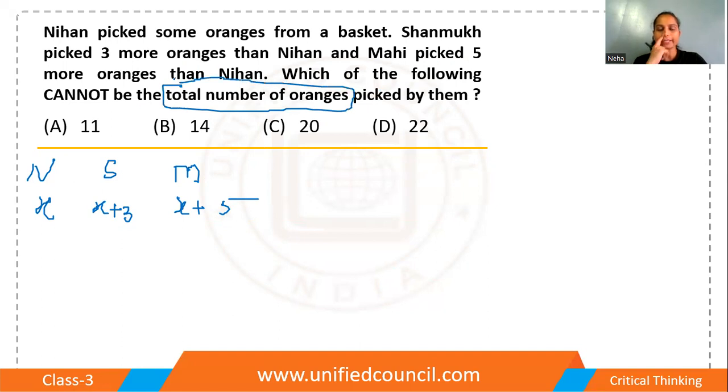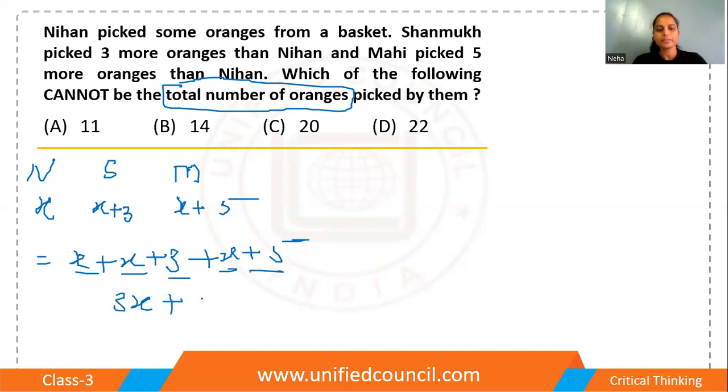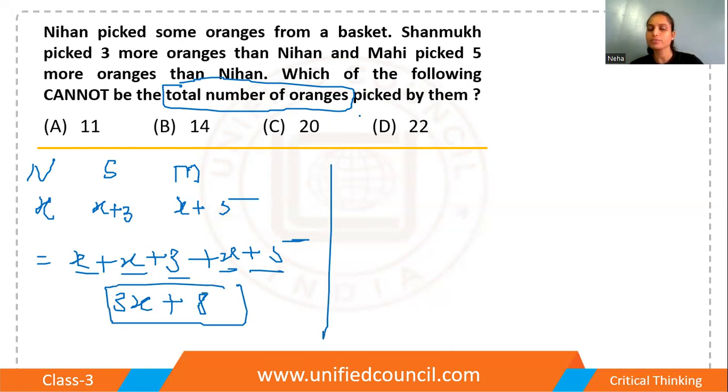So it becomes X plus X plus 3 plus X plus 5. X plus X plus X is 3X, and 5 plus 3 is 8. So the total number of oranges is 3X plus 8. The question is asking which of the following cannot be the total number of oranges. The value of X can be anything.